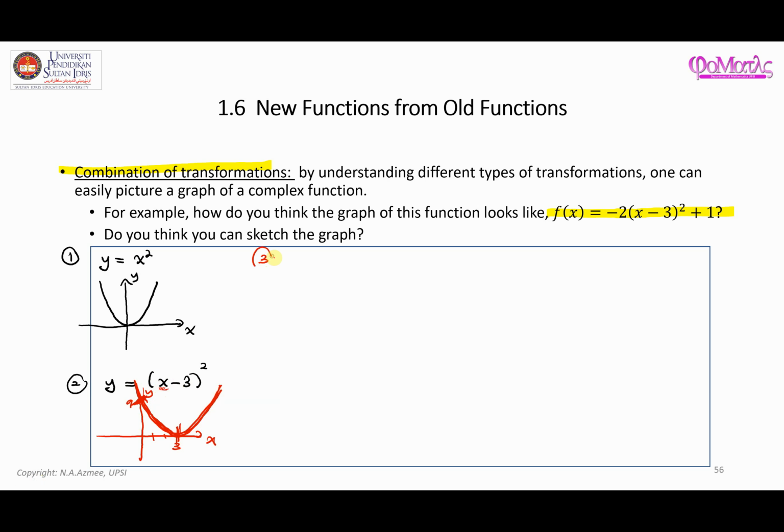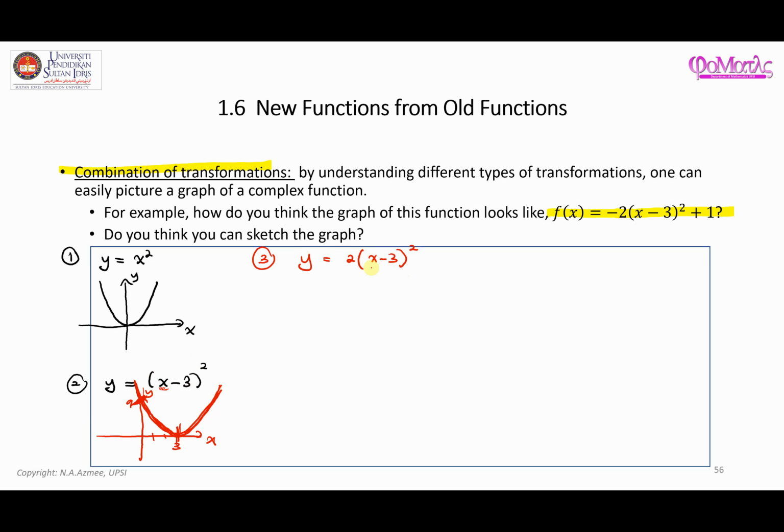Next, the third step. Now we are going to add on another bit, which is multiplying (x minus 3) squared by 2. So this is my function, which looks like this. If I multiply that with 2, that means I introduce a constant right next to y.